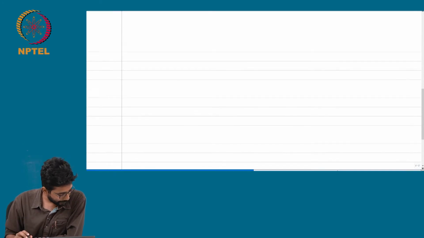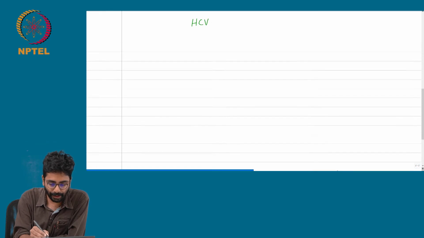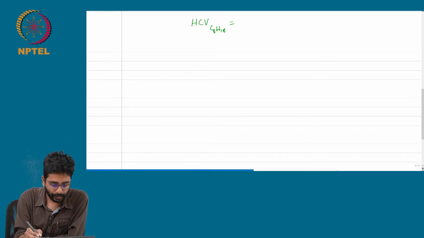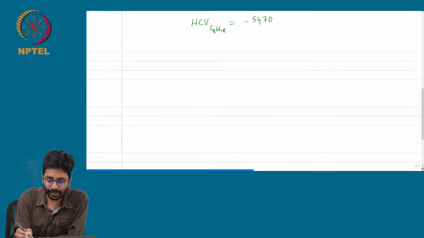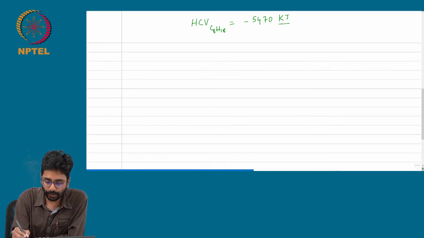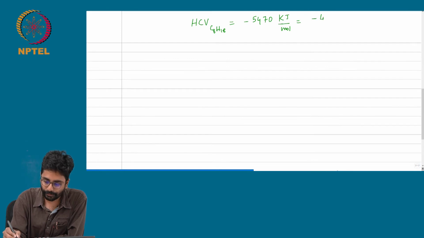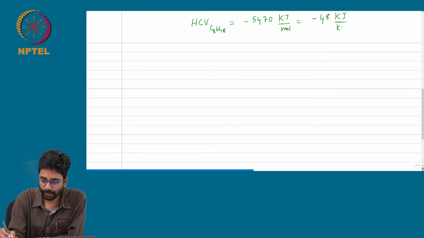I have given you the formation enthalpies earlier, and then you will get what is called the higher calorific value of octane as negative 5470 kilojoules per mole, which when divided by the molecular weight of octane will give you the calorific value.